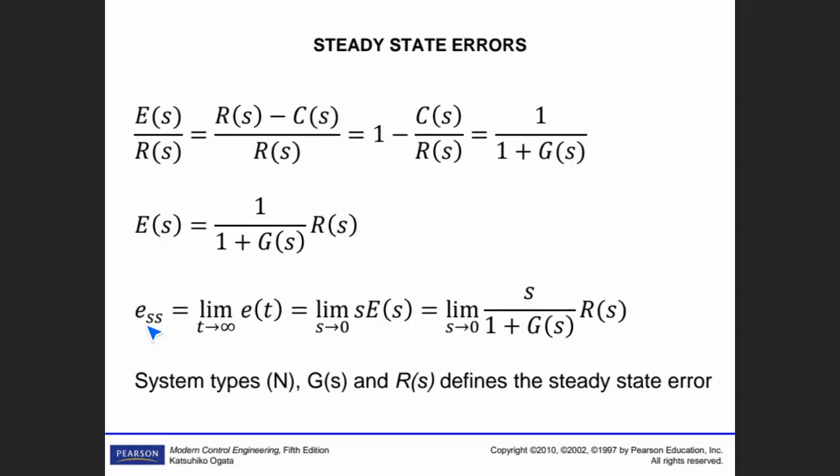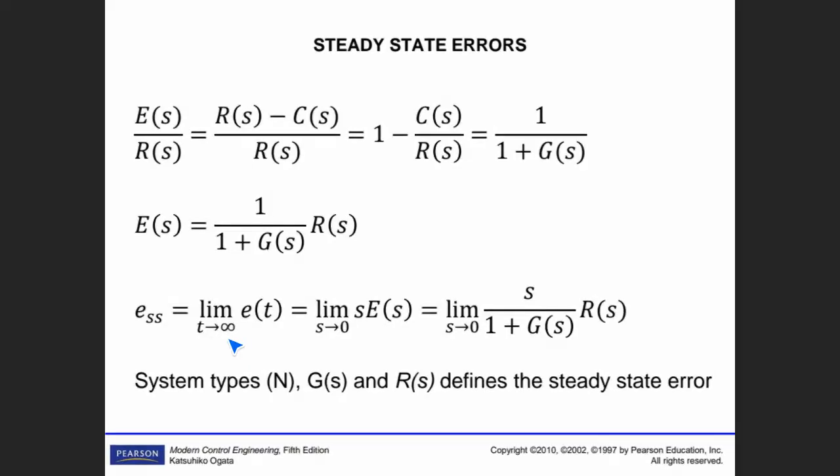Steady state error is equal to the limit as time goes to infinity of e(t) in the time function. But we know that in the Laplace theorem, that means the limit as s goes to 0 of s E(s). You already know that. So the result is this: limit as s goes to 0 of s over 1 plus G(s) times R(s).